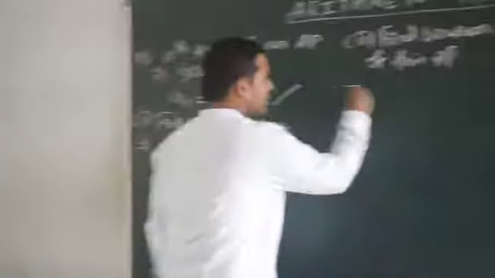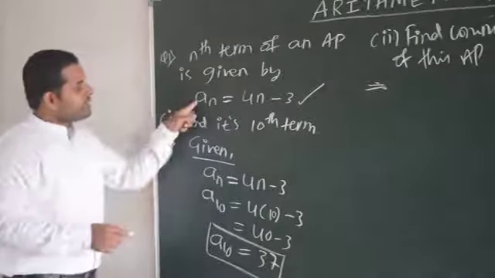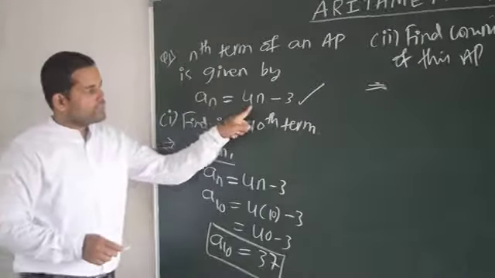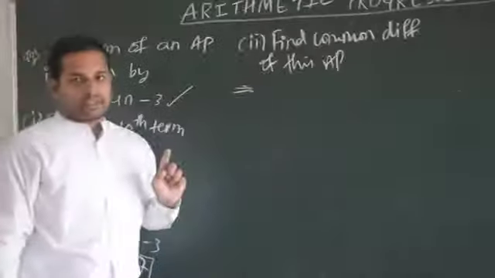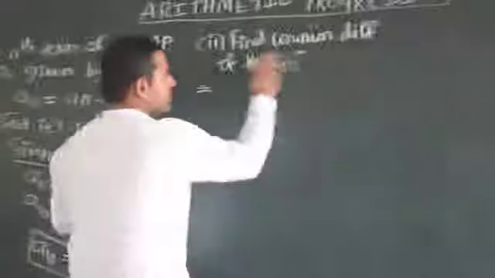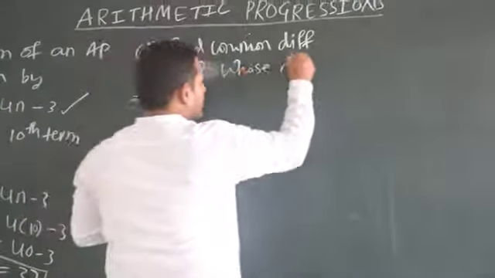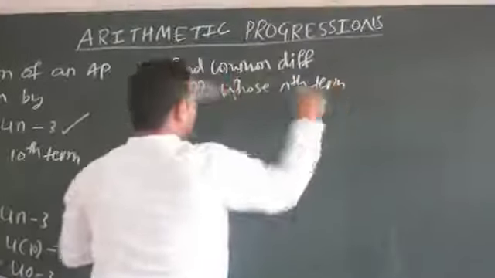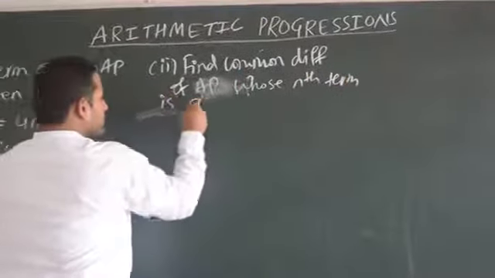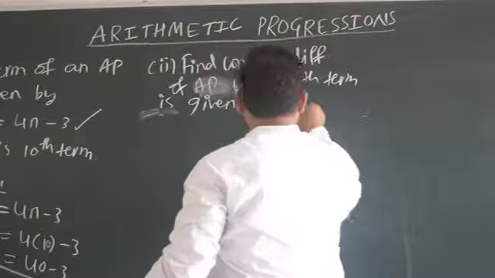Okay, similarly, for this question only, the nth term of an AP is given as an is equal to 4n minus 3, and they are asking you to find the common difference. Otherwise, how will the question be asked? Find the common difference of AP whose nth term is given by an is equal to, you can take other numbers also.